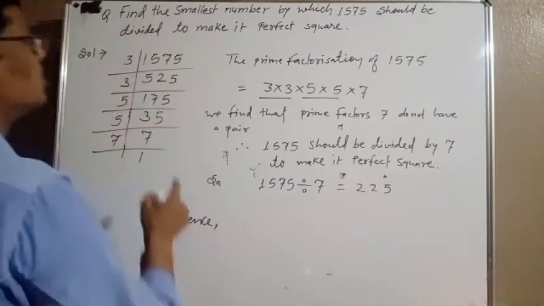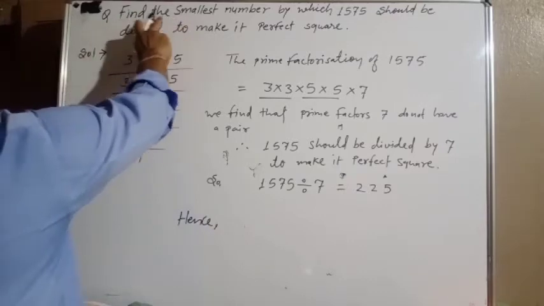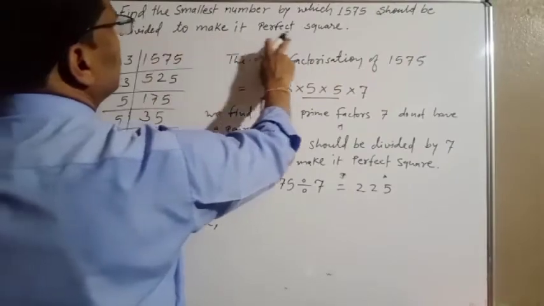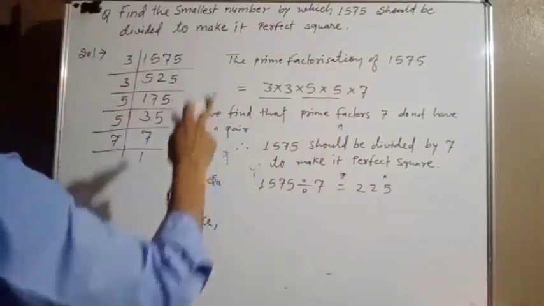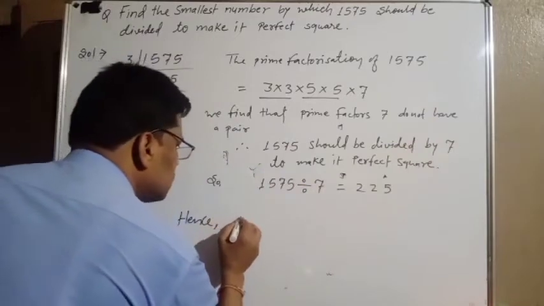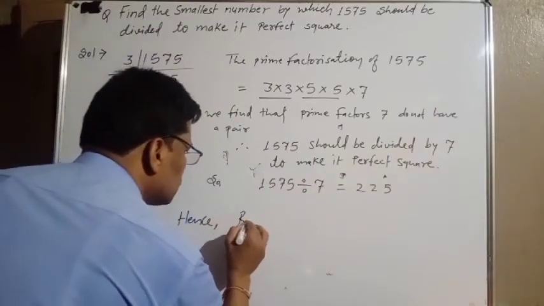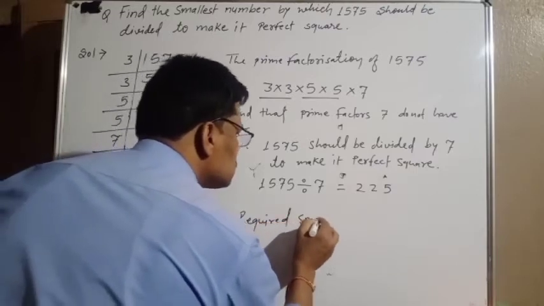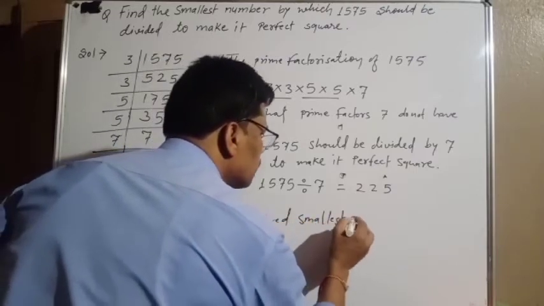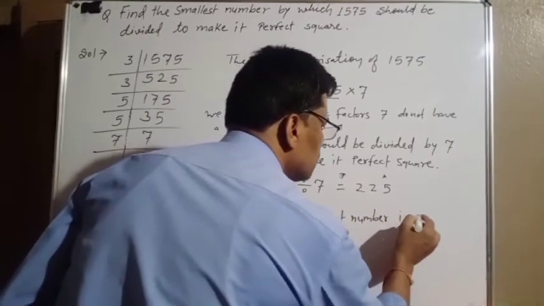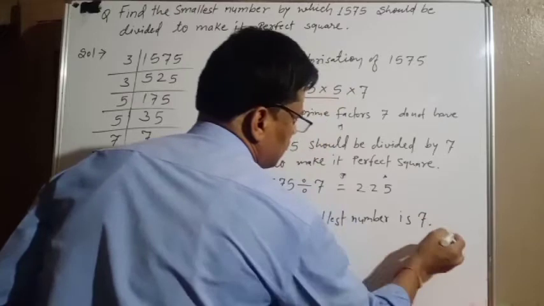What was the question? Find the smallest number by which 1575 should be divided to make it a perfect square. The smallest number required is 7. Got it?